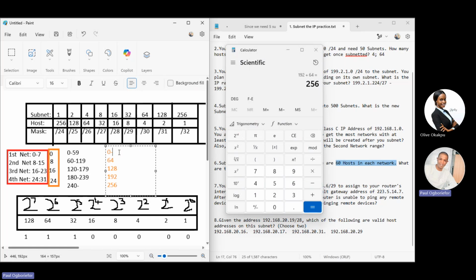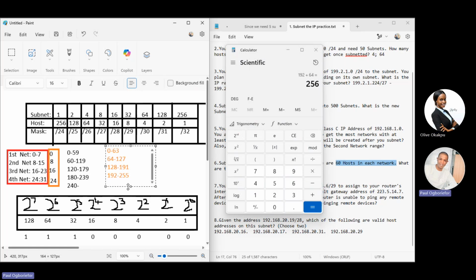So from here, what do we have? 63. From here, 127. And from here, 191. From there, 255. Don't forget, the highest we can get is actually 255. We can't even get to 256.